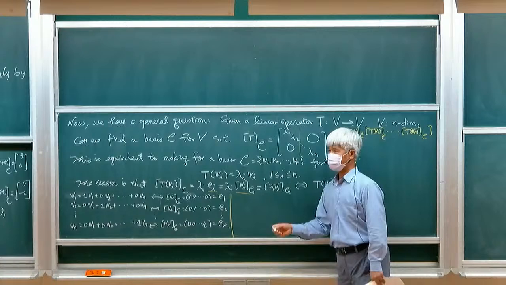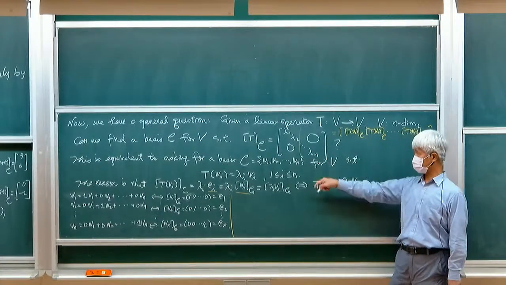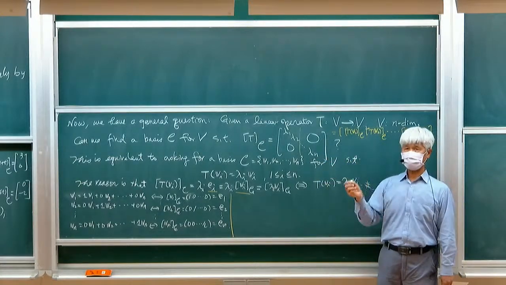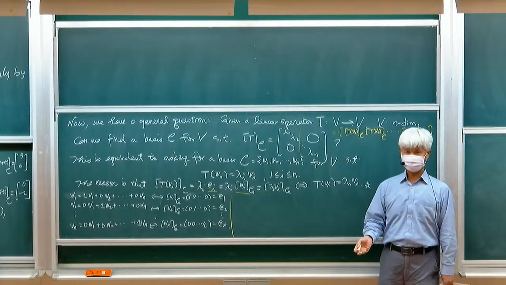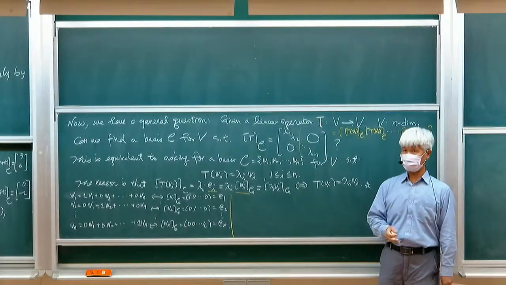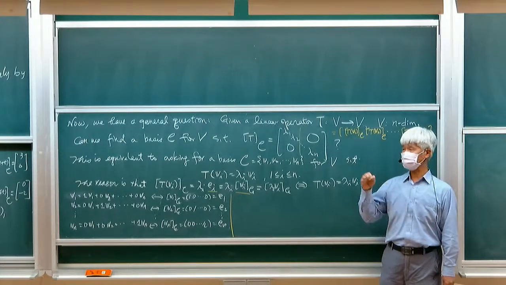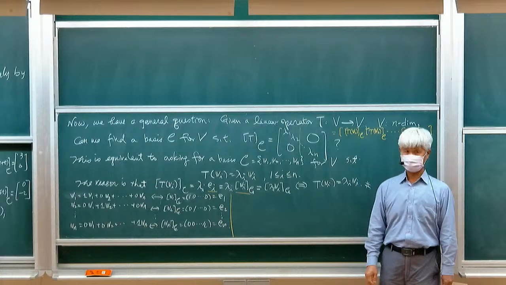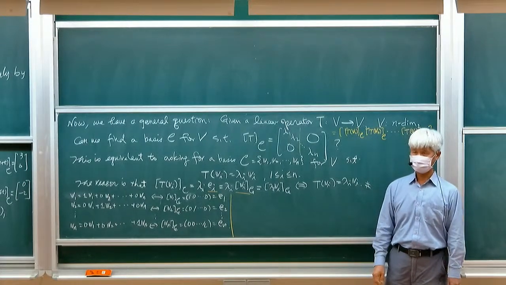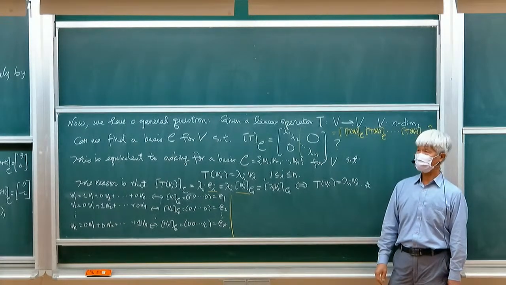Okay, so the discussion here, because I use the coordinate and the matrix representation a lot, you should be familiar with all the materials in chapter 5. Otherwise, you can't understand the material in chapter 6. Questions?